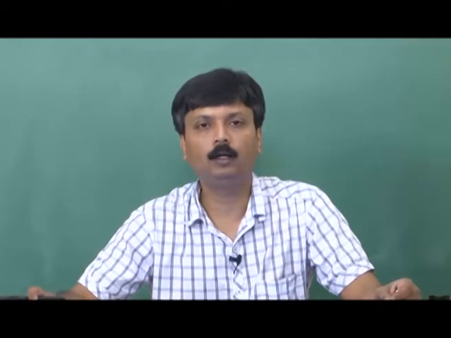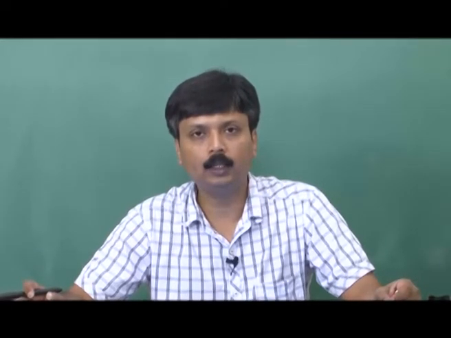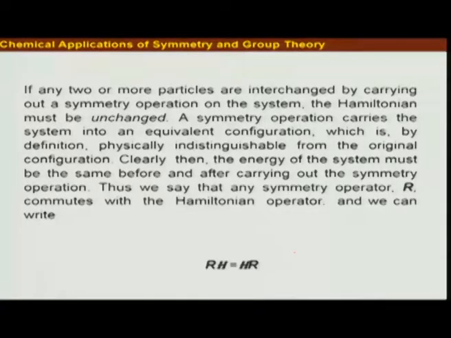Because a symmetry operation doesn't do anything. So the expression is RH equals HR, because they do not interfere into each other's work. Operating the Hamiltonian on the molecular wave function is not going to do anything to the symmetry properties of the molecule, and vice versa.